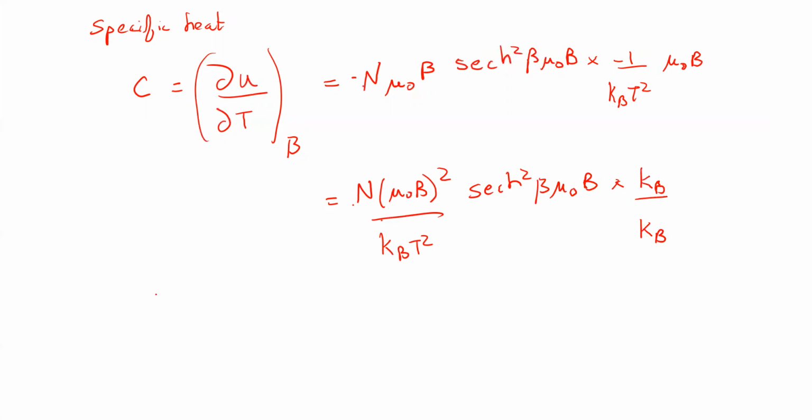Now notice we want the specific heat capacity per particle, so I will divide it by n. So what I get is mu naught B.